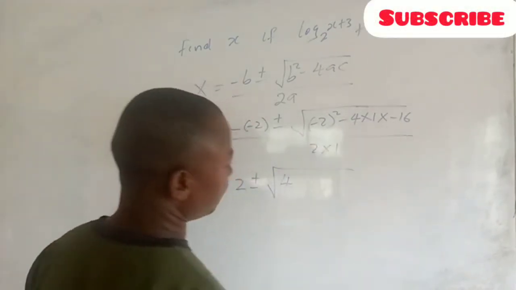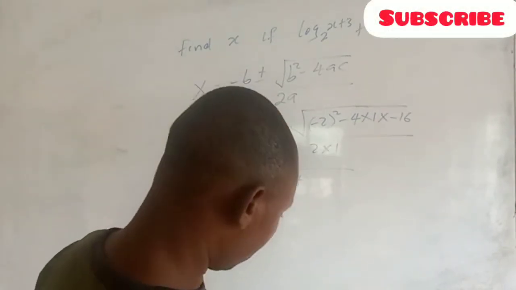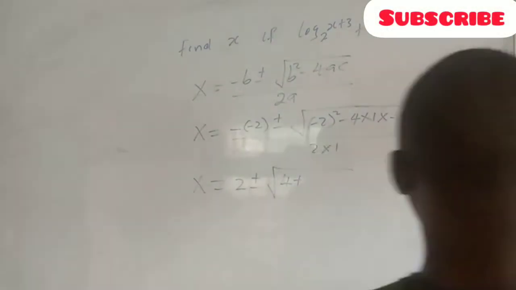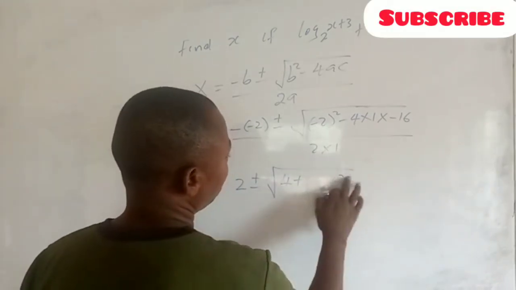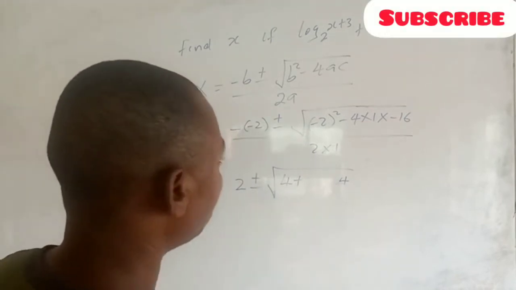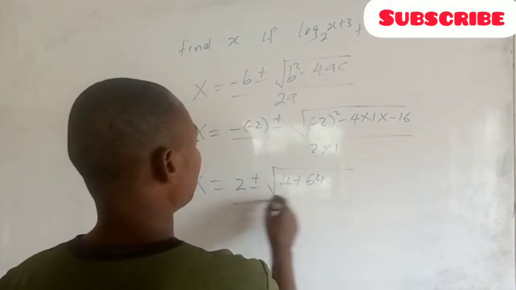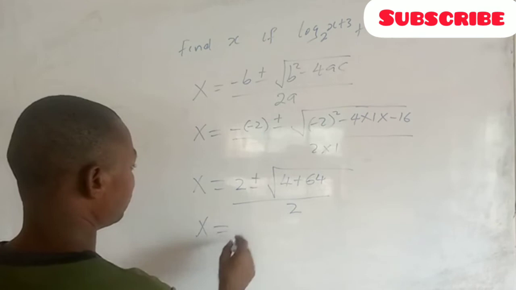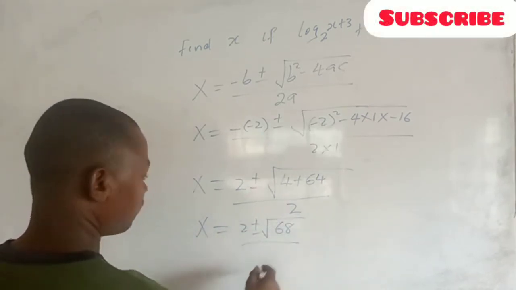Minus times minus gives us plus 4 times 16. 4 times 16: 4 times 6 is 24, write 4, carry 2; 4 times 1 is 4, plus 2, then we have 64. So we have plus 64, over 2. So s equals 2 plus or minus square root of 68 over 2.